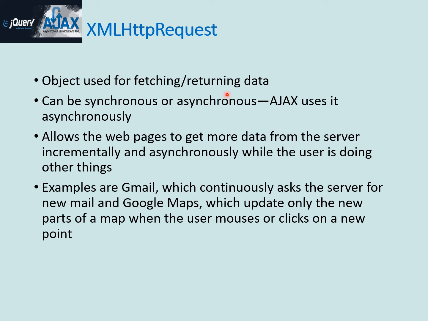Here the browser is the client and the server is the resource provider. XML HTTP request is always initiated by a client. The request is encapsulated in the format of an object, used for fetching or returning data from the server.